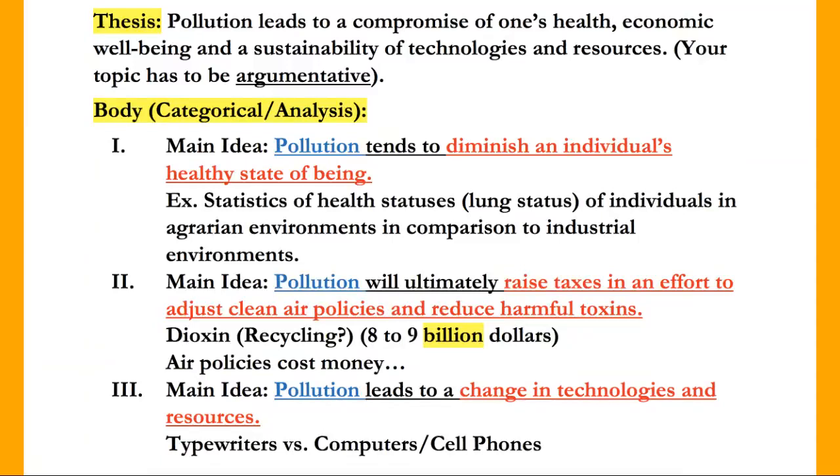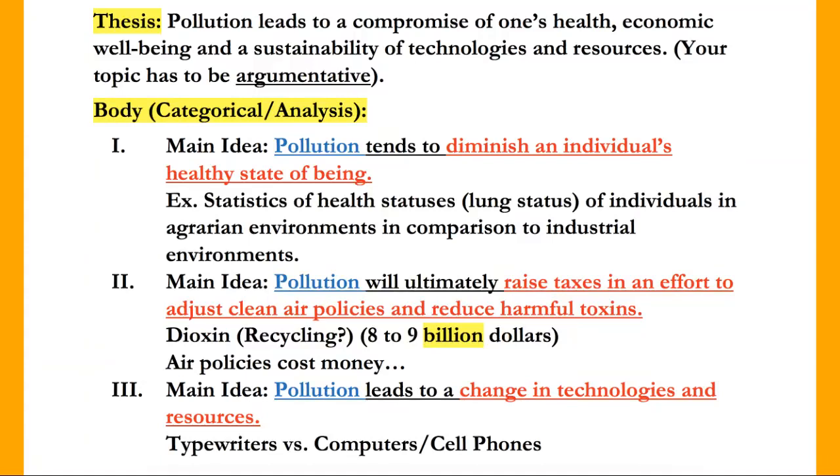So if I'm demonstrating that pollution leads to these particular effects, this particular structure, defined as a categorical or analysis structure, is going to show me within each main idea separate categories.